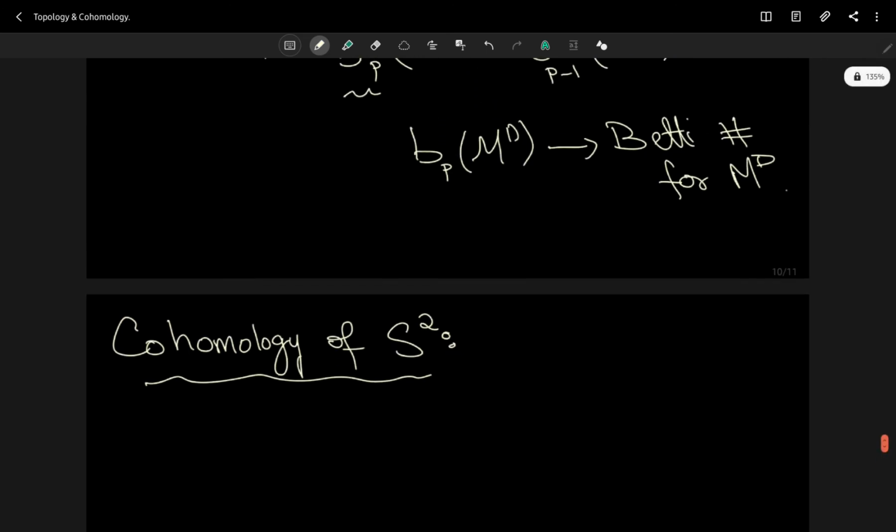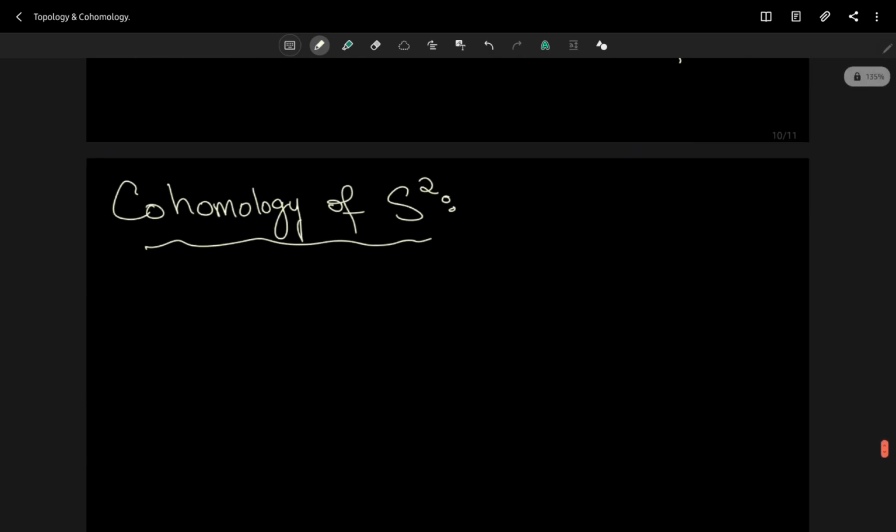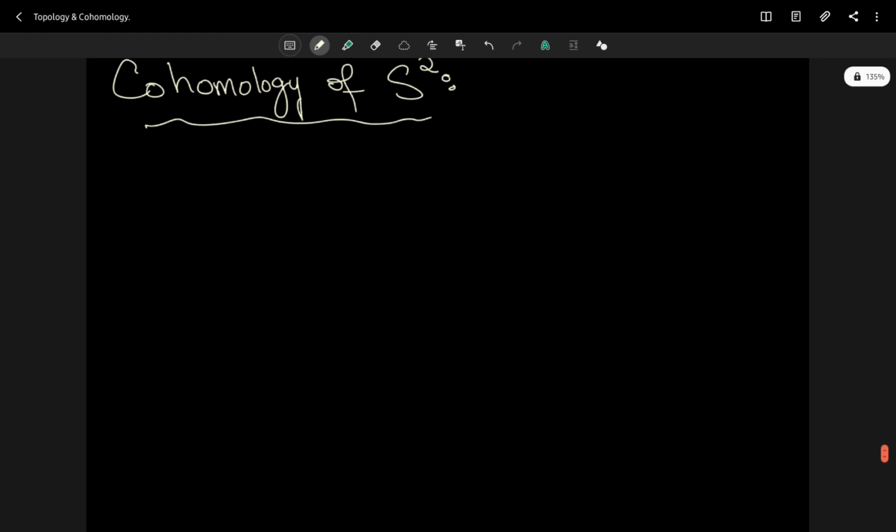So I will just list down the cohomology of S2. Let me just write these cohomologies down, and then I'll tell you what I'm saying.